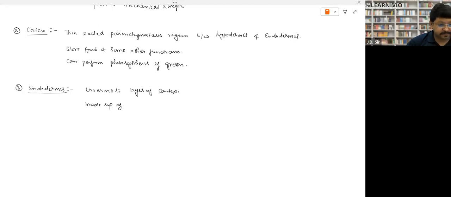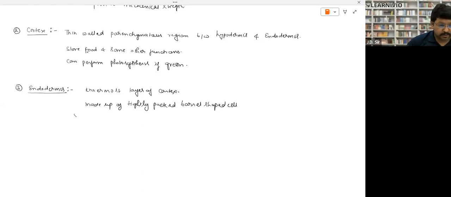It is made up of tightly packed barrel-shaped cells.